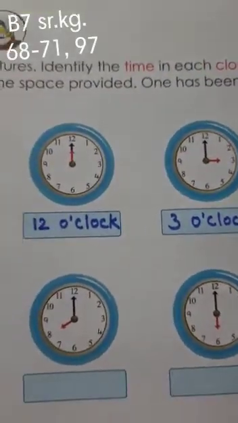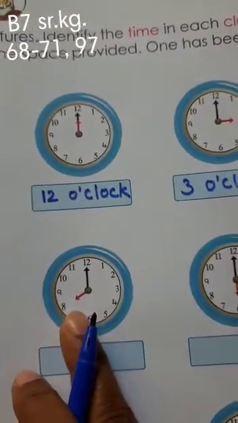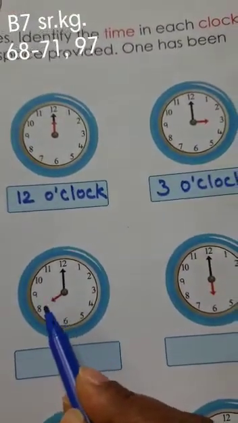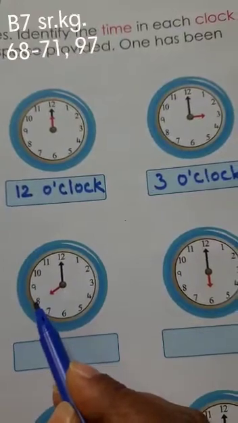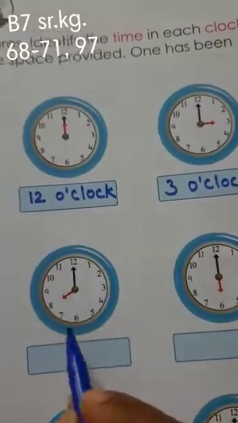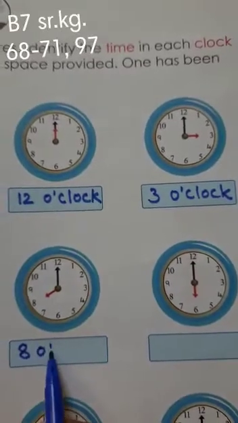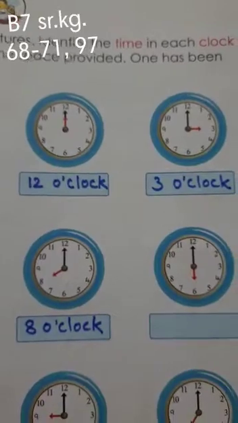Now here below, what is this time? Yes, it's 8 o'clock because the short hand is at 8 and long hand at 12. So here we will write 8 o'clock. Correct?